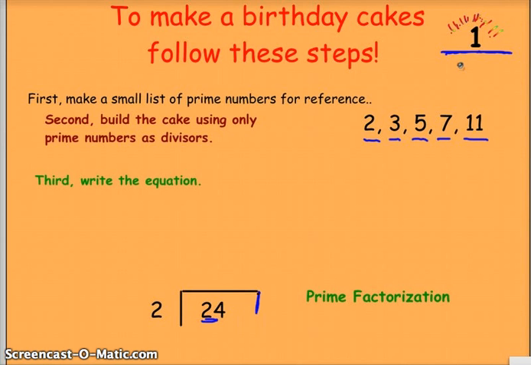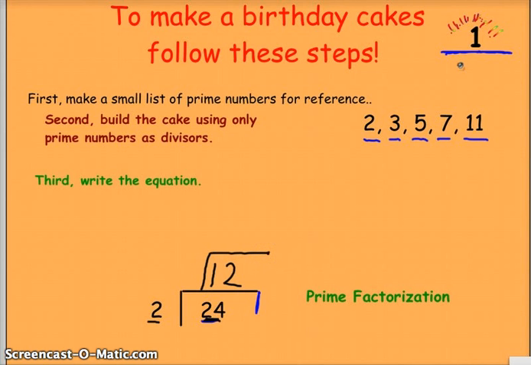I can choose any prime number that is a factor of 24 to start. I could have used 3, but in this case I chose a 2. 2 goes into 24, yes, 12 times. 12 is not yet a 1, my birthday candle, so I keep going and make another layer.